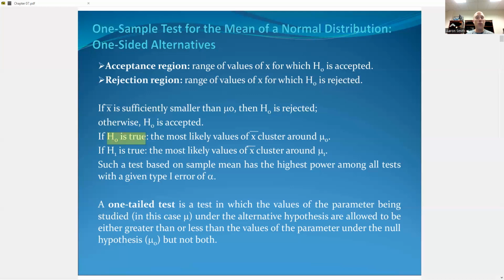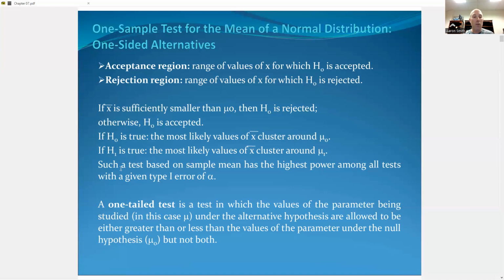If H naught is true, the most likely values of x bar cluster around the hypothesized value. If the alternative is true, the most likely values of x bar cluster around the alternative value.